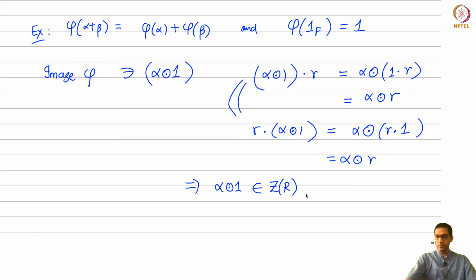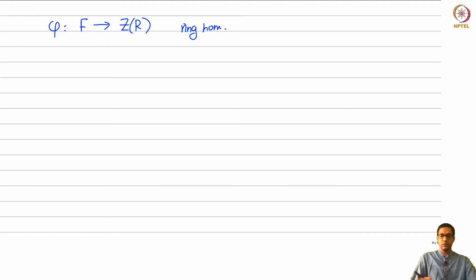So what this means is that if you have an F algebra, then you can define a map phi, a ring homomorphism from the field F to the center of R. But in fact, conversely, giving such a map is equivalent to giving an F algebra structure.